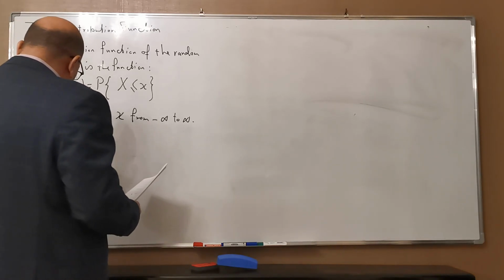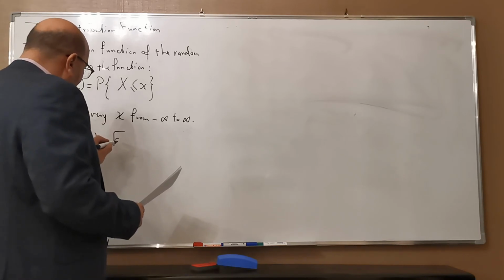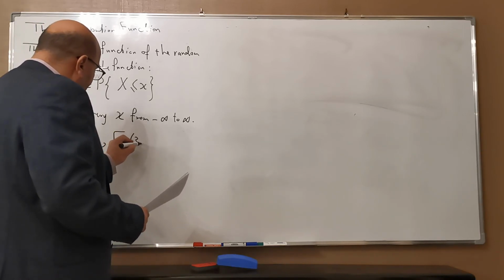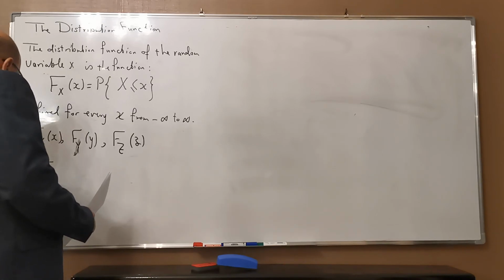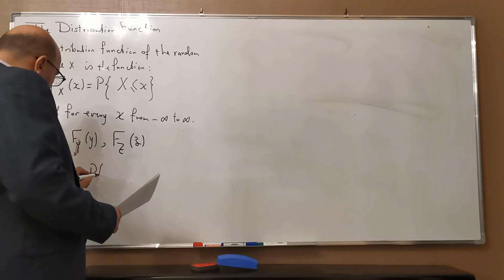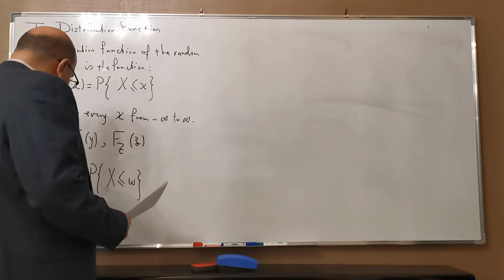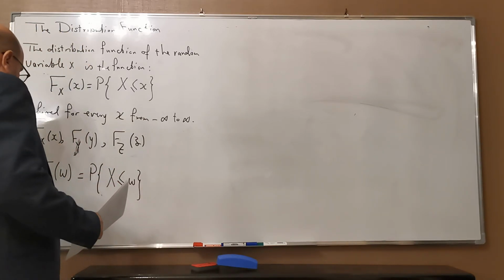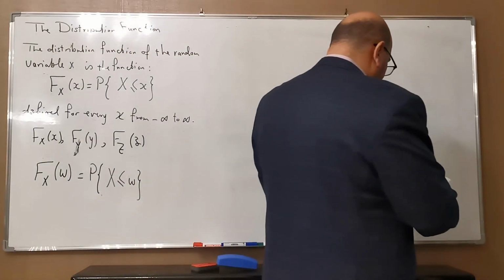So this one should be capital for the random variable, and fz of z. We can also have some fx of some w, which is equal to the probability that X is less than or equal to this w. So w is a variable, X is the random variable. Okay?